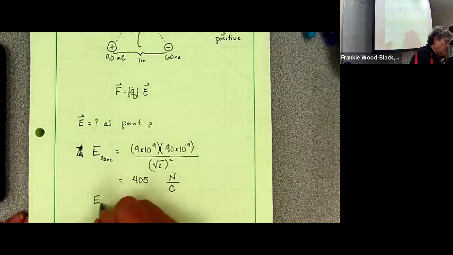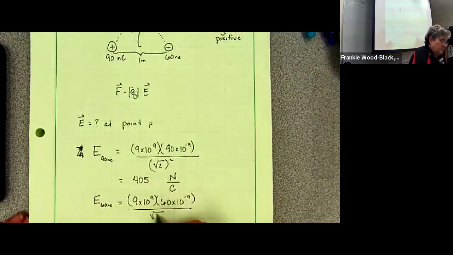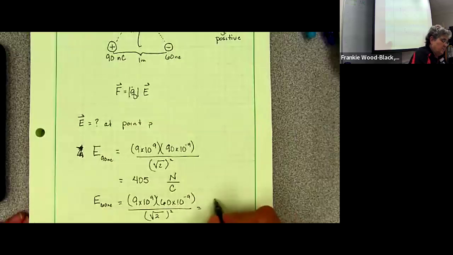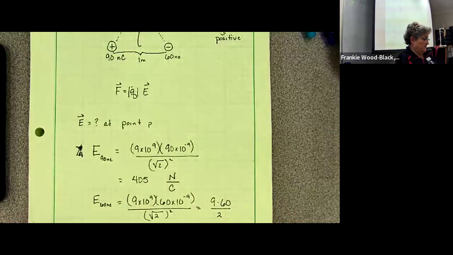We can calculate our 60 nanocoulomb charge. I get 9 times 10 to the 9th and 60 times 10 to the minus 9, also divided by the square root of 2 squared. We can also simplify and not have a calculator problem. So I got 9 times 60 divided by 2, because that zeroes out.